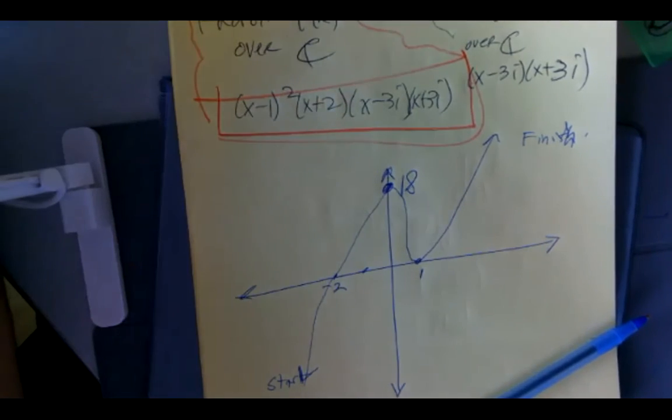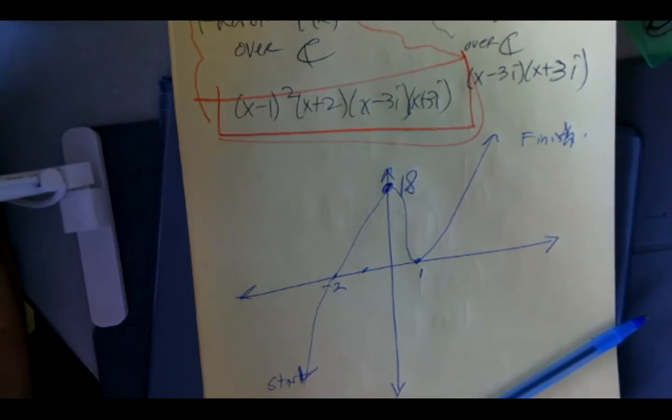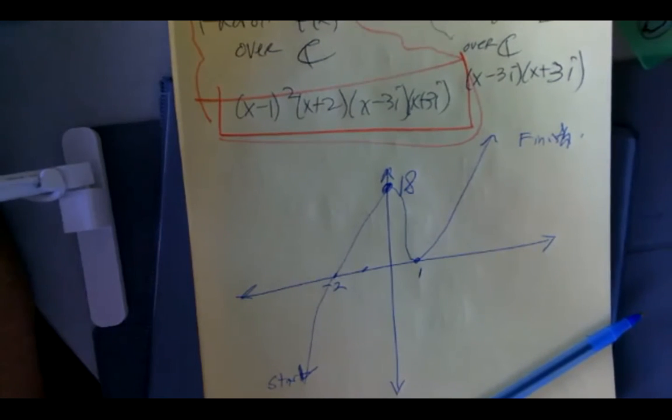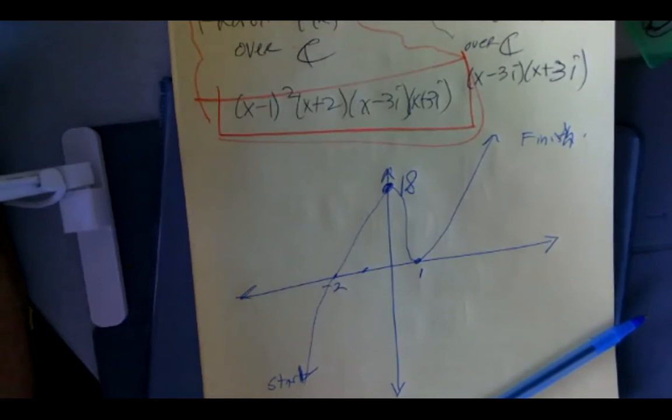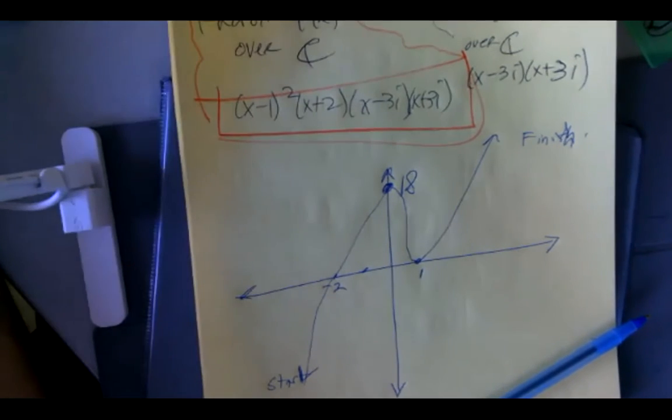Times x plus 2. It's easier to graph in Desmos if you just type in the factored form, in my opinion. Squared plus 9. There's a bump on 40.